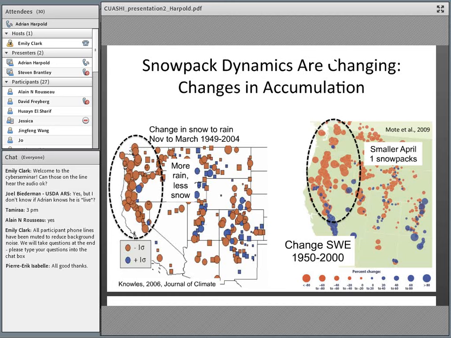And on the right, I'm showing changes in April 1st snowpacks, which is a key water resource time period for estimating water resources. And the take-home here is that our snowpacks are changing. We're seeing less snow, more rain, and potentially as a consequence of that, as well as changing precipitation patterns, more mid-season melt, we're seeing changes in the net amount of snow remaining in the system when we begin melt.